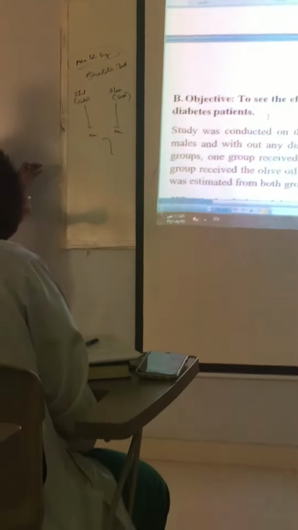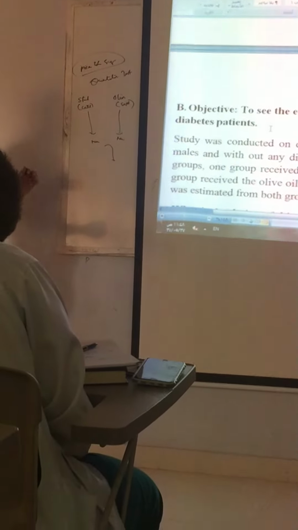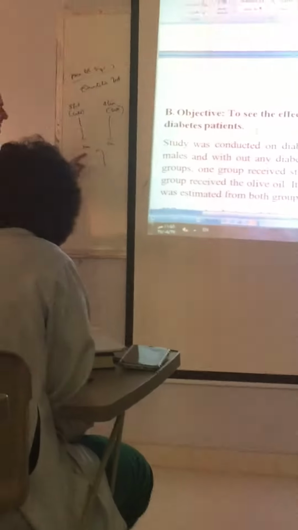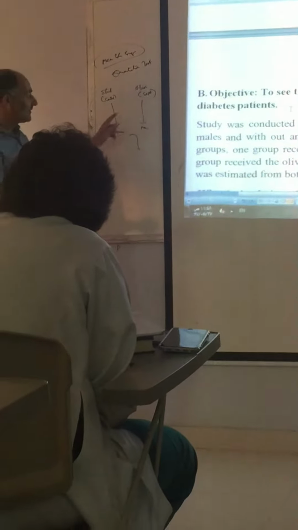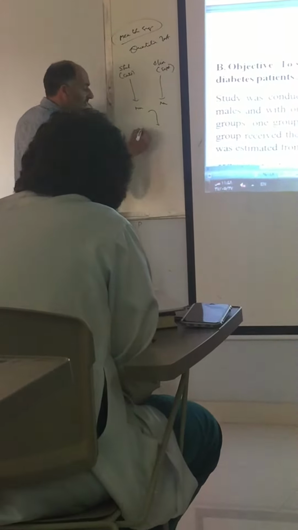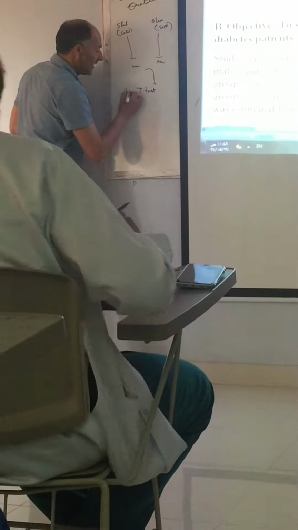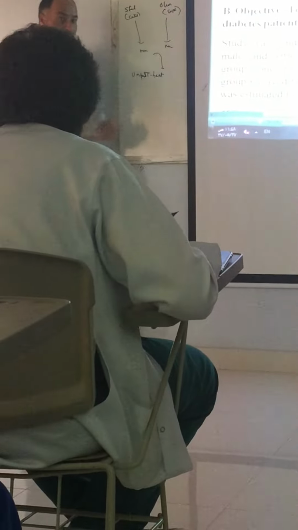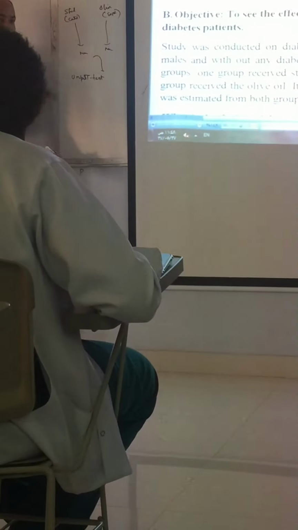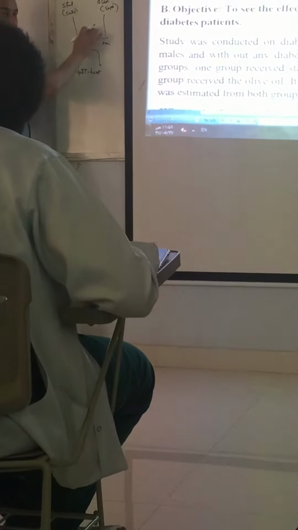Which test? You have taken this lecture. If they are checking the mean between two groups, they will use the t-test, but this test will be unpaired. Unpaired t-test, if there are only two different groups.